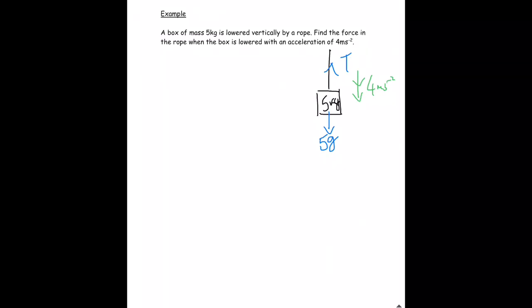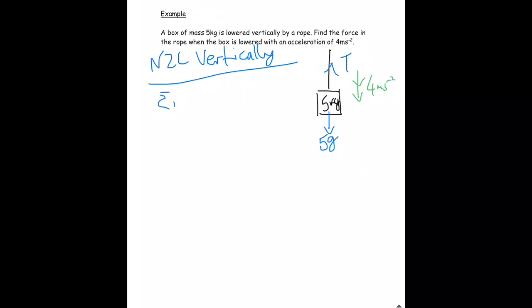So again, only vertical forces here. If you apply Newton's second law vertically, and I can say vertically because I'm talking about gravity, it tells me that the sum of all of the forces equals the mass times the acceleration. I'm accelerating downwards, so I'll take down as my positive direction.